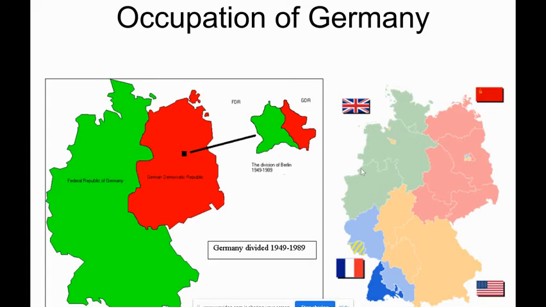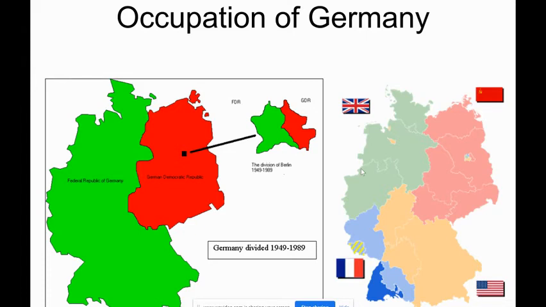And so what happened is that the Western part coalesced and united under one government, the Federal Republic of Germany, and then the East had a government propped up by a communist Soviet-controlled government, the German Democratic Republic. But the real issue became Berlin.